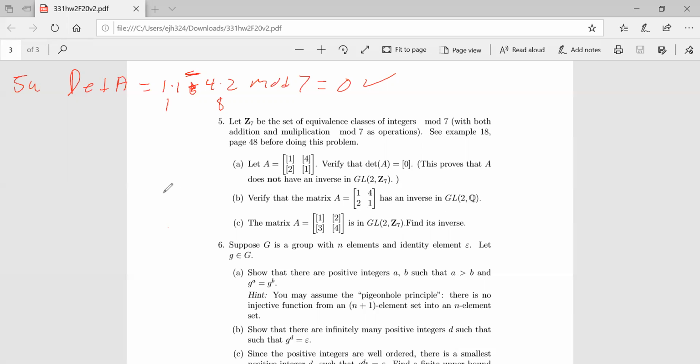Okay, so what is GL? You guys have talked about the general linear group. Come on, someone tell me what GL is. Have you guys talked about the general linear group in class?